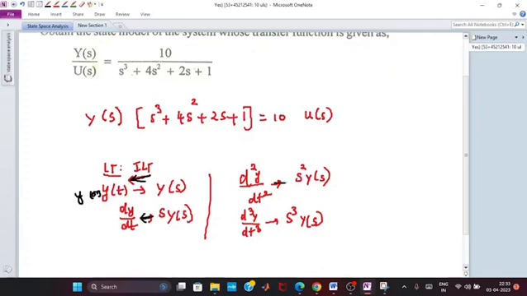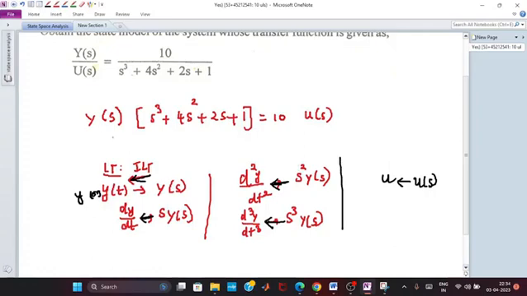The inverse Laplace transform of s square into Y(s) is d square y by dt square. And s cube into Y(s) gives d cube y divided by dt cube. That's it. Similarly, the inverse Laplace transform of U(s) is simply u. So now apply the inverse Laplace transform concepts over here and find the value.